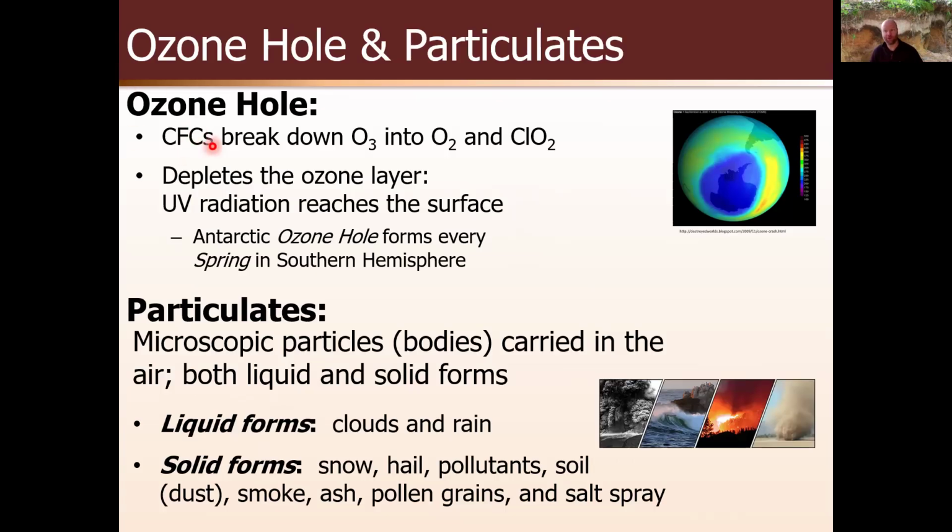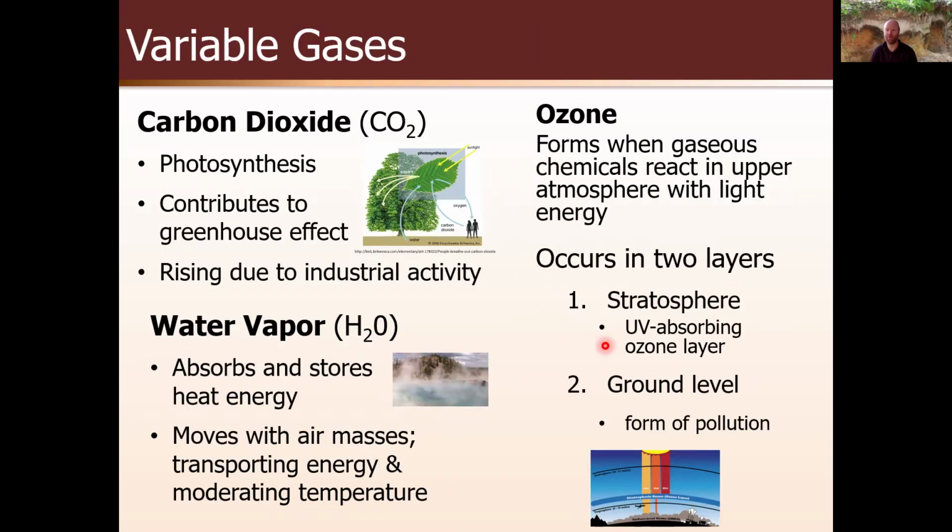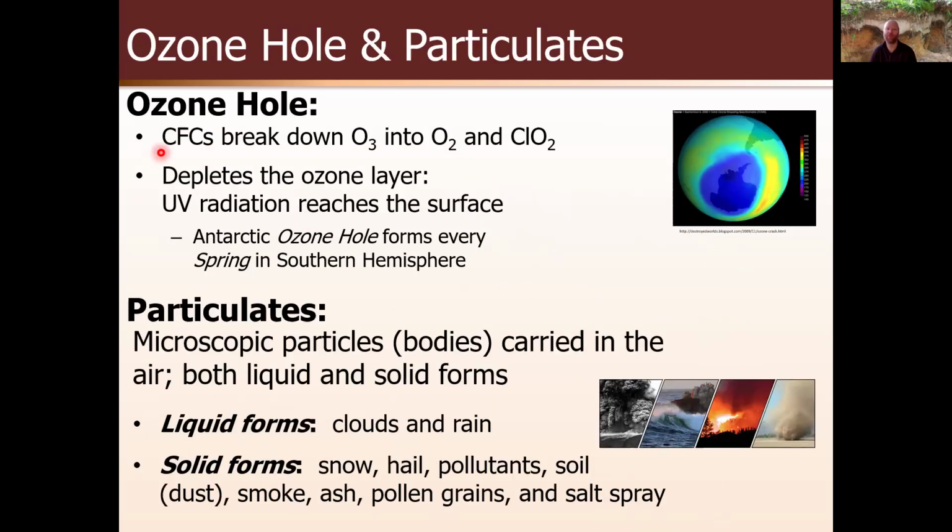However, chlorofluorocarbons rose, literally went up out of our troposphere into our stratosphere, where they started reacting in an incredible amount with ozone. And so ozone, again, in our stratosphere, plays this really important role of blocking Earth's surface from a tremendous amount of UV radiation. And one chlorofluorocarbon can break down many ozone molecules.